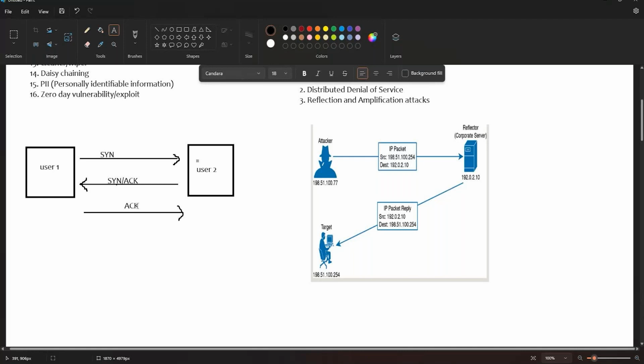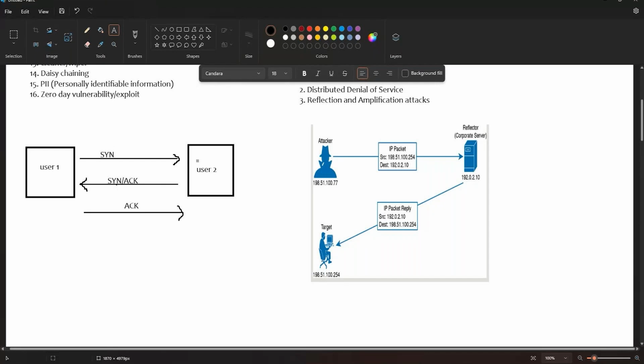Now, in a reflection or amplification attack, the goal is to force the target to deal with spoofed traffic and send traffic towards a non-existent source. The attacker does not care where the return traffic goes or that it cannot be delivered successfully. In a related attack like this, the attacker again sends a packet with a spoofed source address towards a server, like in the image you can see.